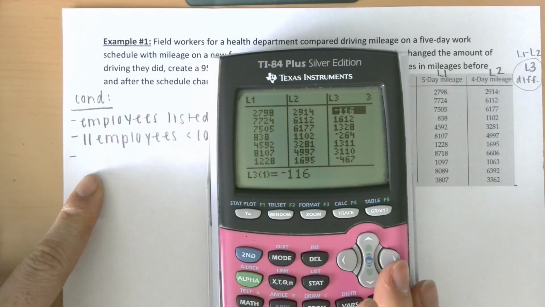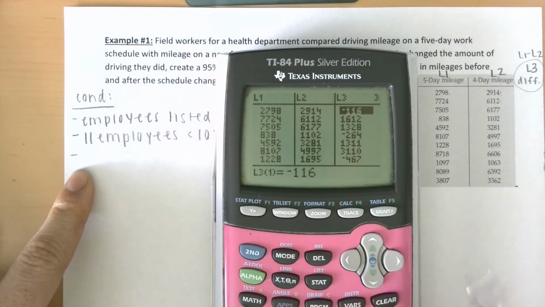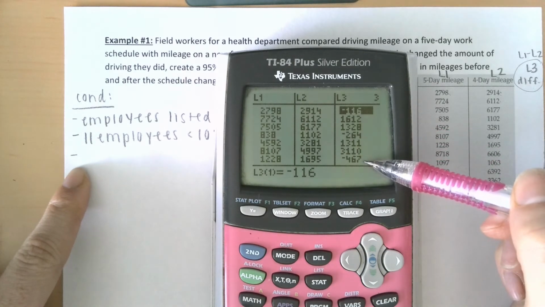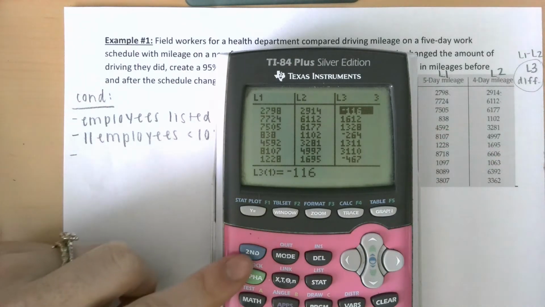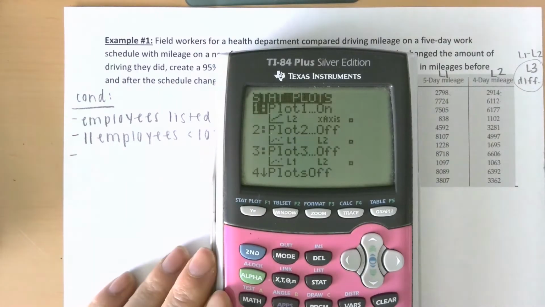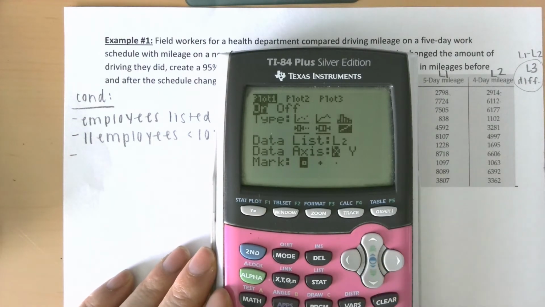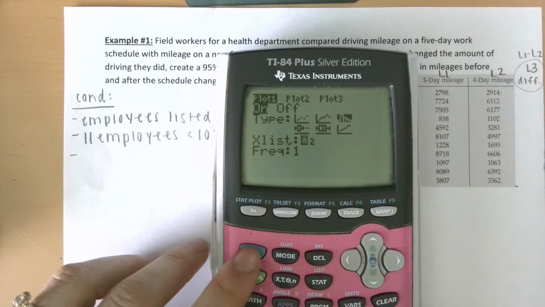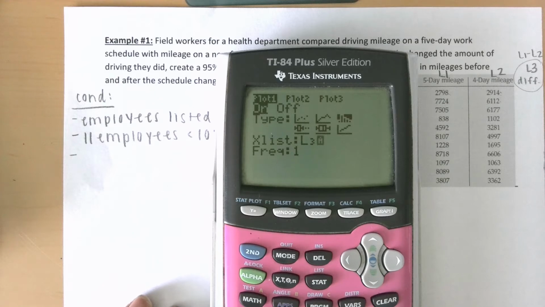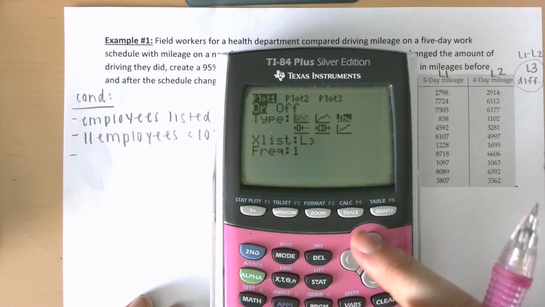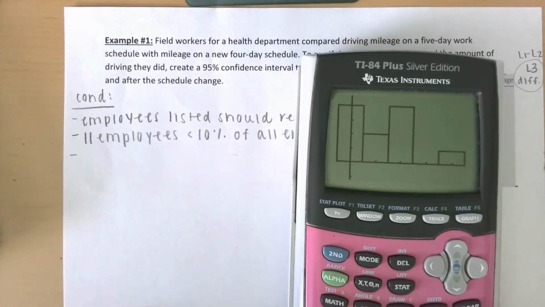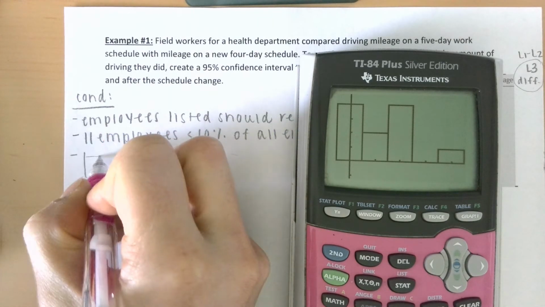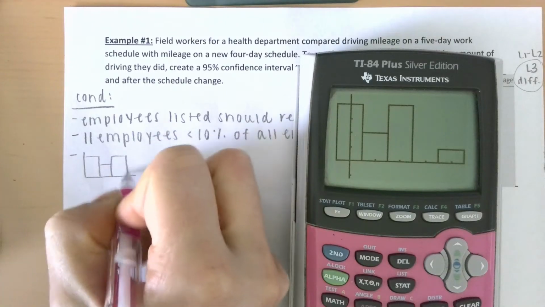Now the next condition I'm going to check is the normal condition. I want to make sure that the differences that I have here, so the things I have listed in L3, are normal. So I'm going to go to my stat plot, second y equals. I'm changing this to a histogram, but I'm going to change this to pull data from L3 since that's where I have my differences. And zoom 9 gives me this weirdo histogram.